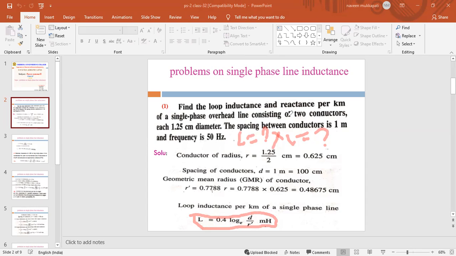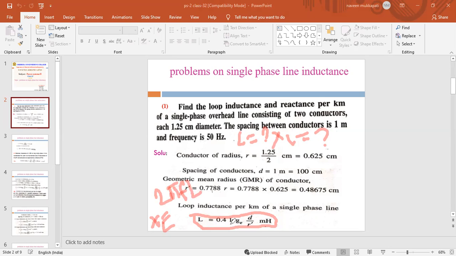Next, we calculate the inductive reactance XL. What is the formula for that XL? XL is equal to 2 pi F L, where F is the supply frequency and L is the inductance.